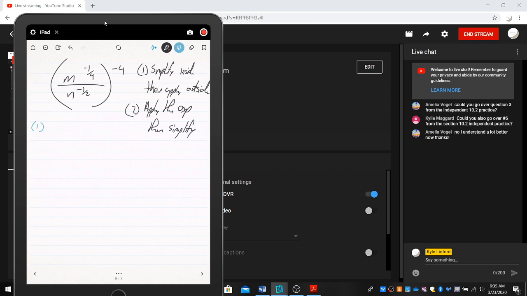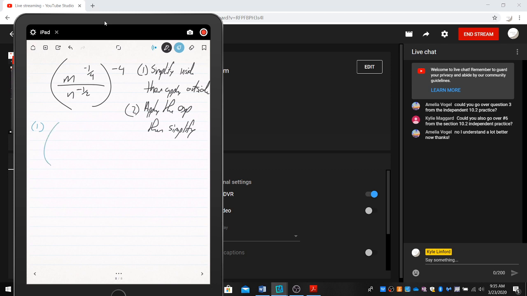So, can I simplify the inside? Well, yes, because notice these negative exponents. We never like working with negative exponents. What they mean for us is to move that term to the other side of the fraction line.